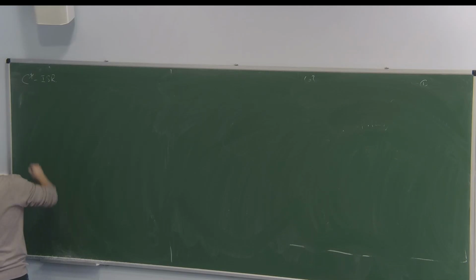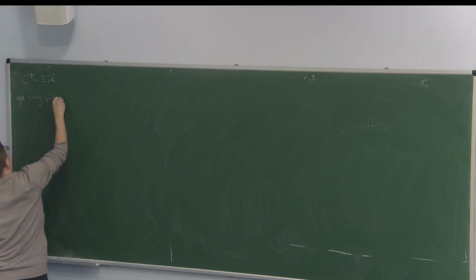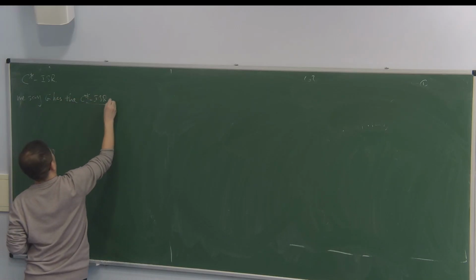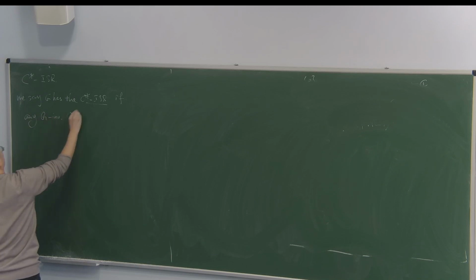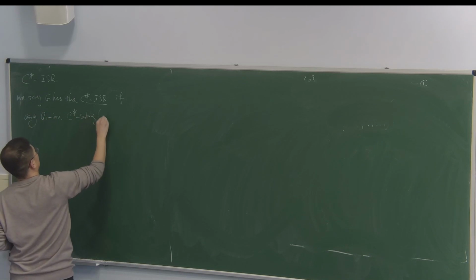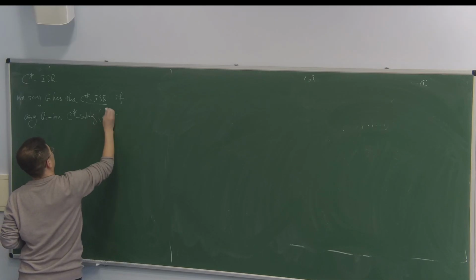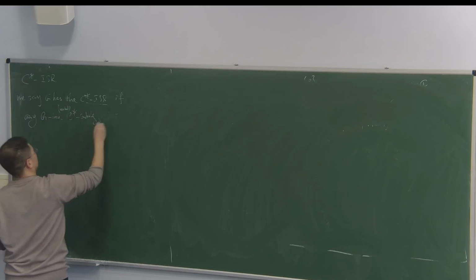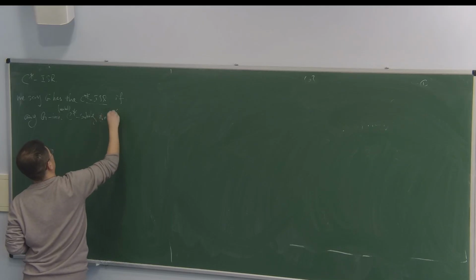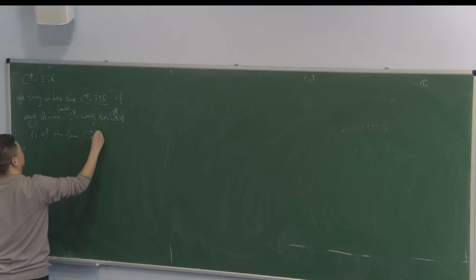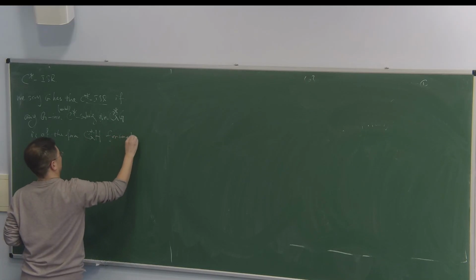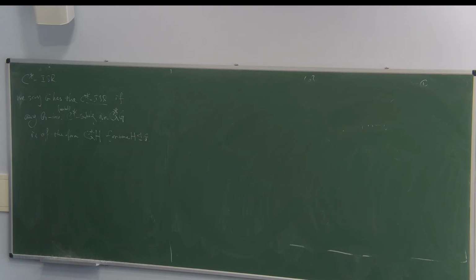The definition is similar. So we say G has the C-star ISR property if every G-invariant C-star subalgebra, always unital, in the reduced group C-star algebra is of the form C-star reduced of H for some normal subgroup H in G. Of course, this notion can be defined easily, but we do have some examples.